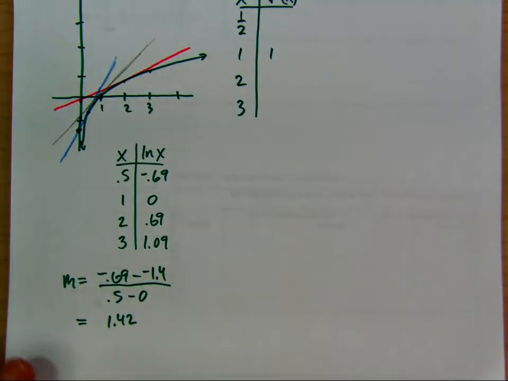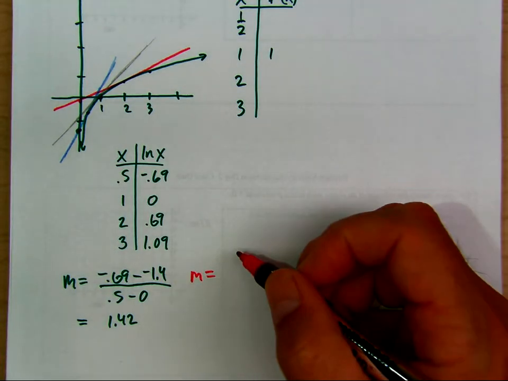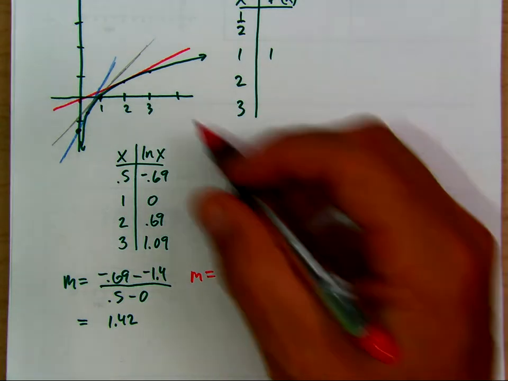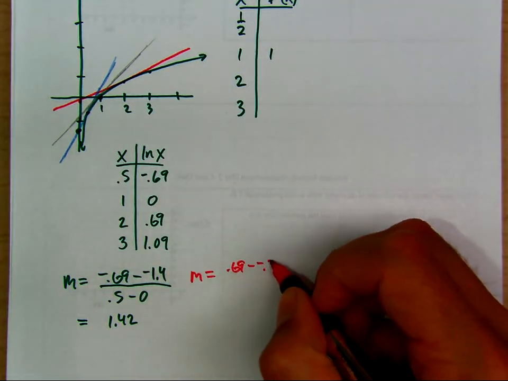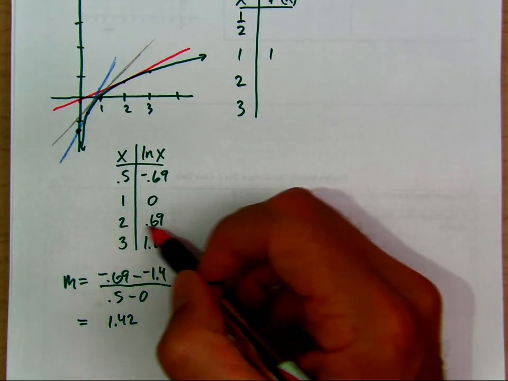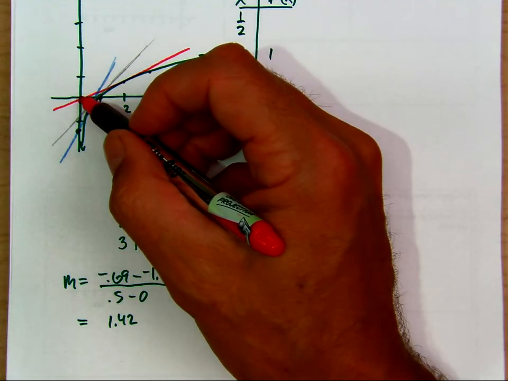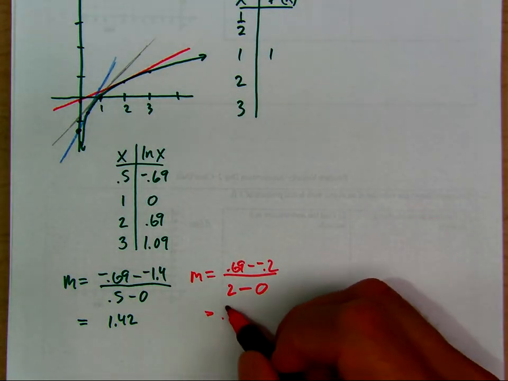So the slope of the red line is the y value at 2, that's 0.69, minus the y value here, and we'll say that's negative 0.2. Then we need the x value. The x value is 2, minus the x value there is 0, and we have 0.45.